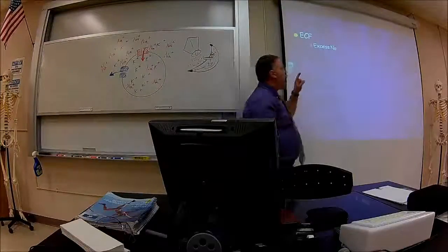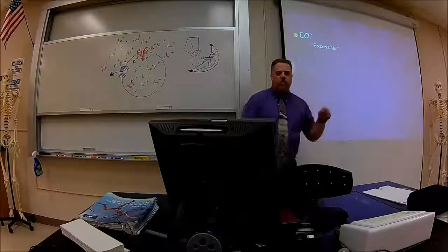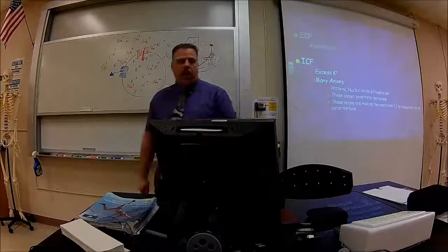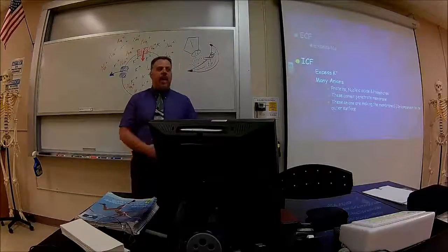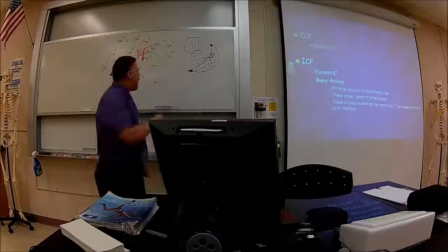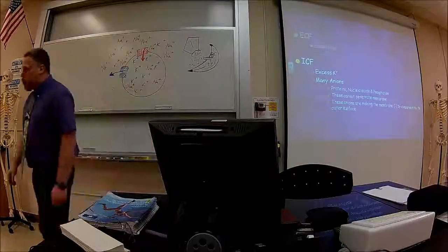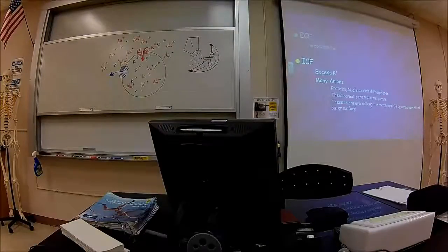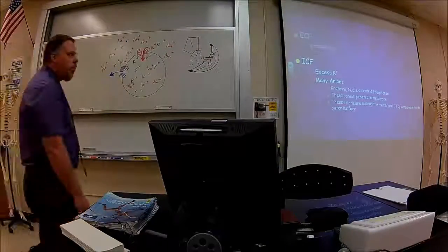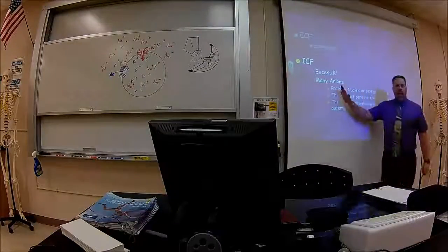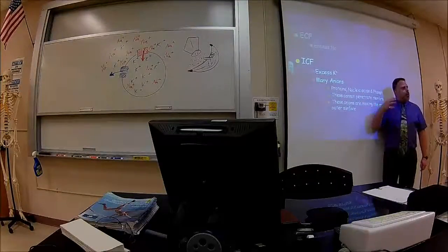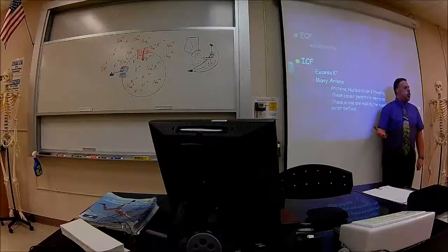So we have a lot more sodium on the outside, and inside we have a lot of potassium. Now, remember I said that the charge inside the cell is going to be negative 70 millivolts. It's a negative charge. Well, we have a lot of anions inside the cell, more than we do outside the cell.